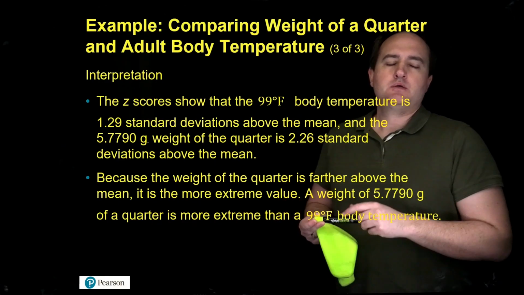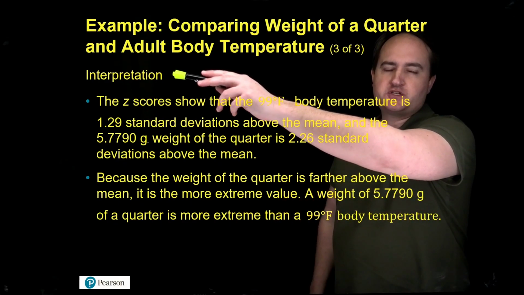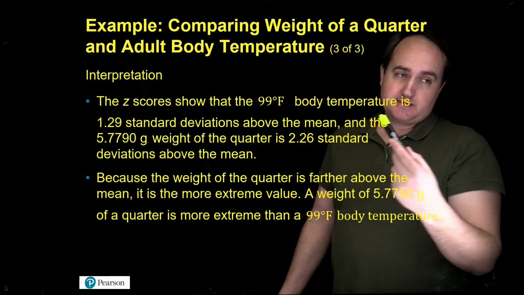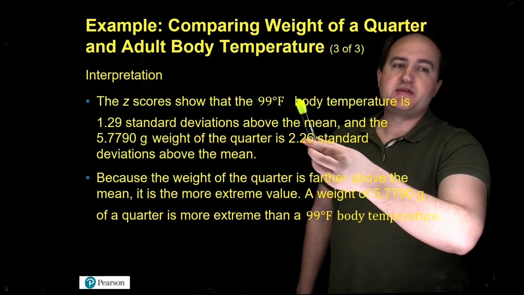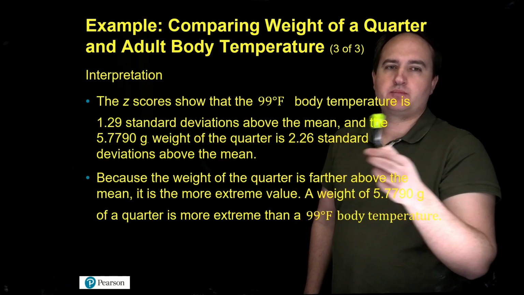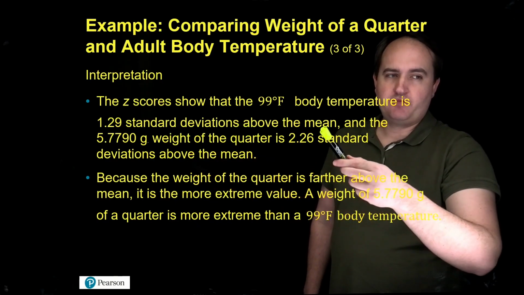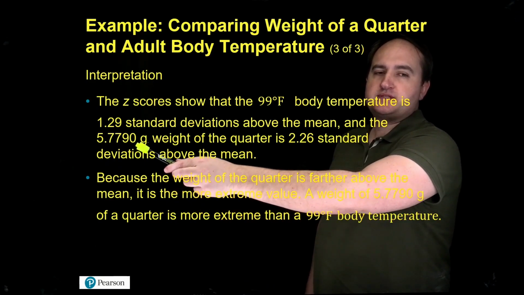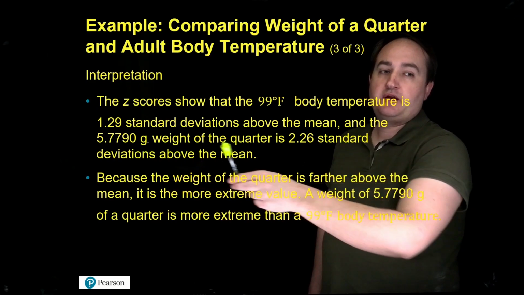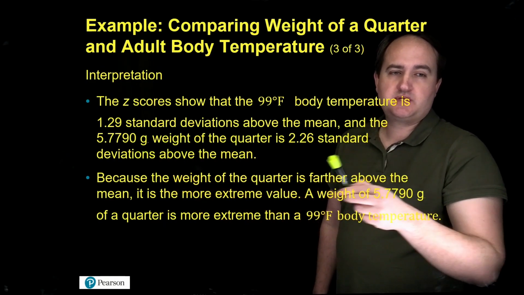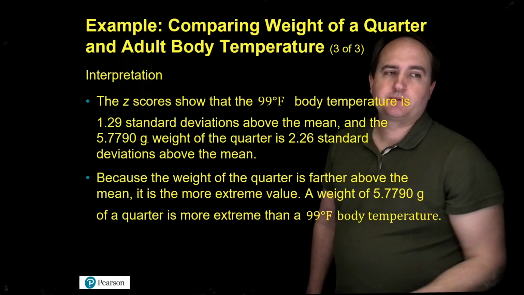Okay. So the book's interpretation is pretty similar to what I just said. So the z-scores show that the 99-degree Fahrenheit body temperature is 1.29 standard deviations above the mean, and the 5.7790 gram weight of the quarter is 2.26 standard deviations above the mean.